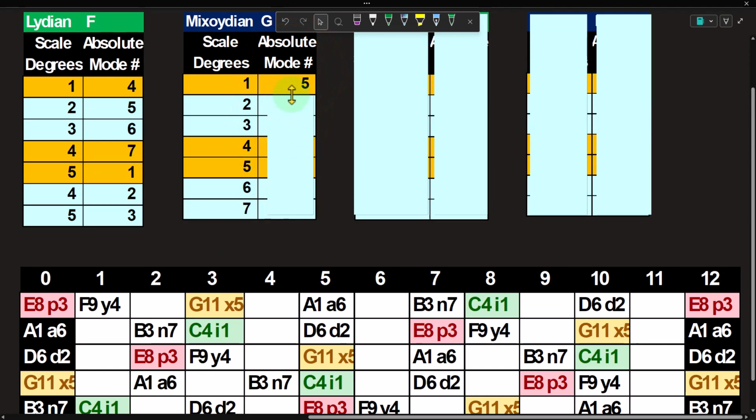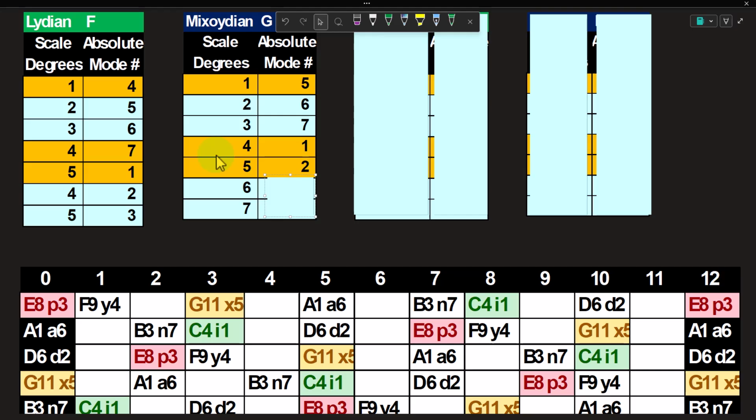5? Well, the 1, 4, 5, the 1 is now the 5. And then it goes 1, 2, 3, 4, so it goes up by 3, so 5, 6, 7, and then it goes to 1 because we only have 7 points, 7 continents, so then the next one is going to be 2, of course. So if they say they're going to play the 1, 4, 5 in the Mixolydian, that does not mean, by the way, all major chords, right?